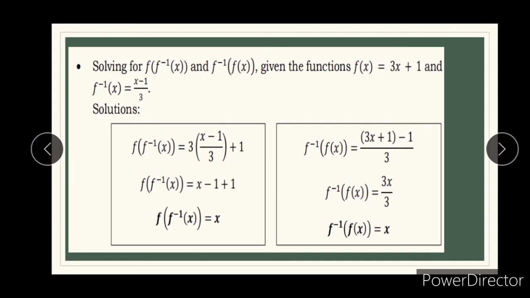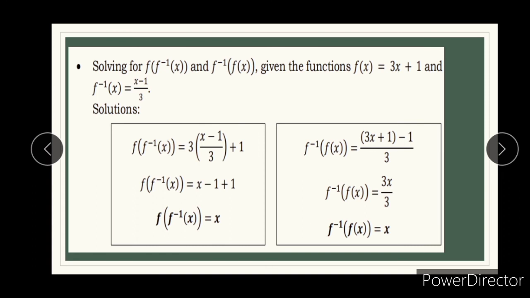For the solution, solving for the f of f inverse of x and f inverse of f of x, given the function f of x is equal to 3x plus 1 and the f inverse of x is equal to x minus 1 all over 3.